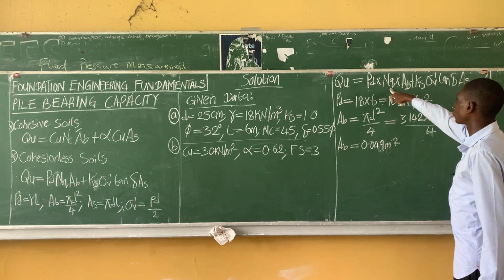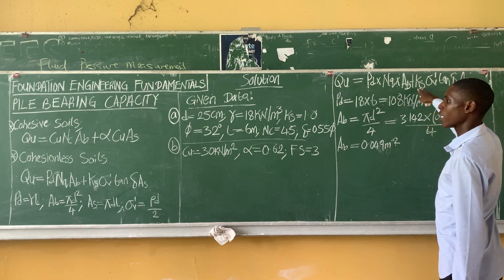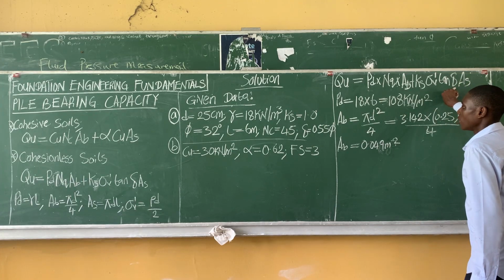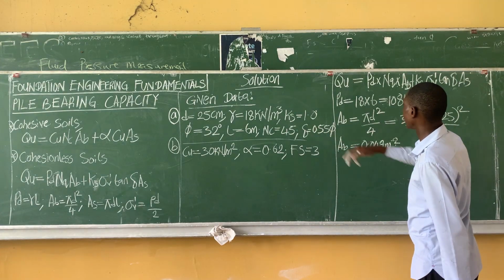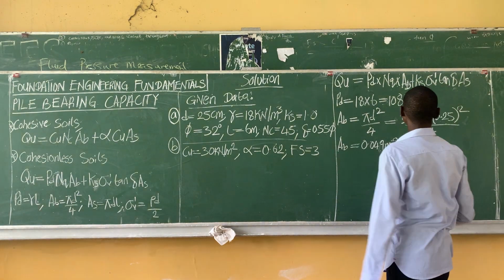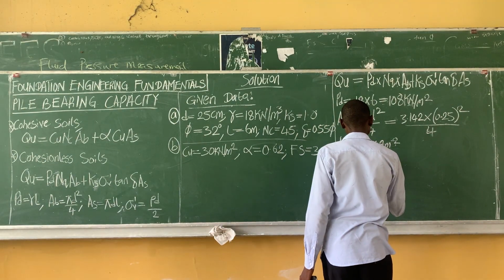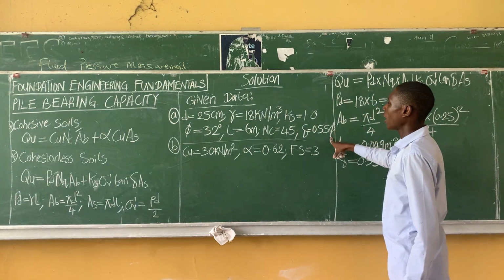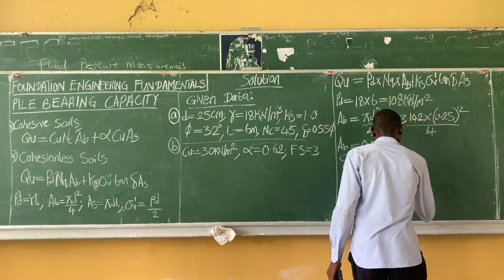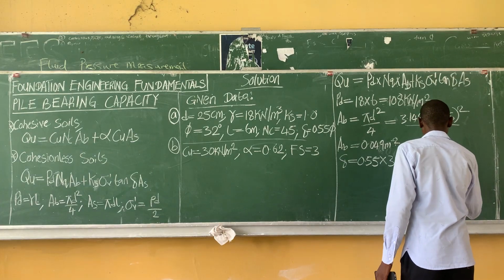In this expression, we have gotten this, but we don't have the bearing capacity factor. Do we have the value of Ks? Yes, it is 1.0. Next, we find our delta. Our delta is 0.55 times our phi, and phi is 32 degrees. So 0.55 times 32 is 17.6 degrees.